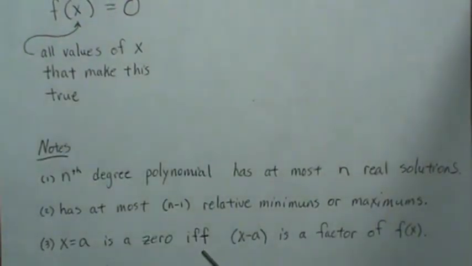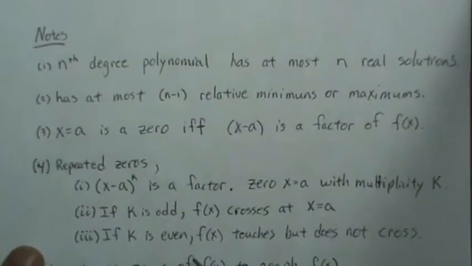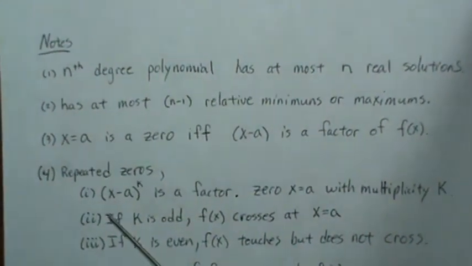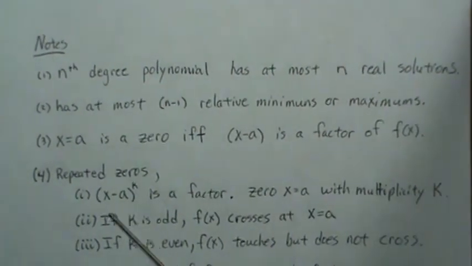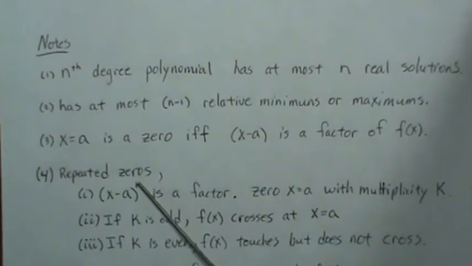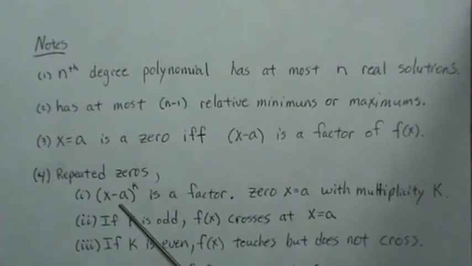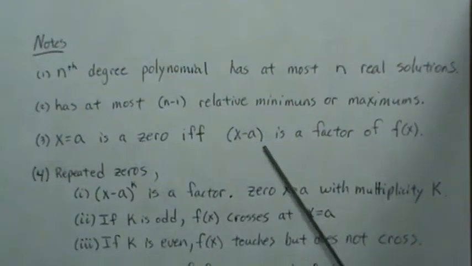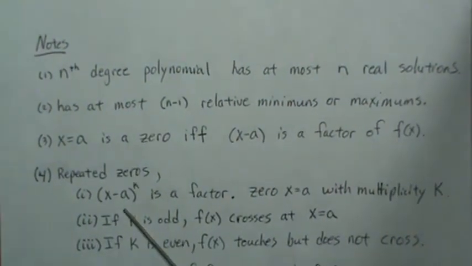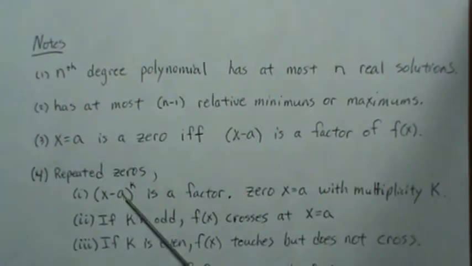And then let's briefly talk about repeated zeros. If we can factor f of x into something like this that has a number here, then x equals a is a 0 based upon what we just said, but it has a multiplicity of k.